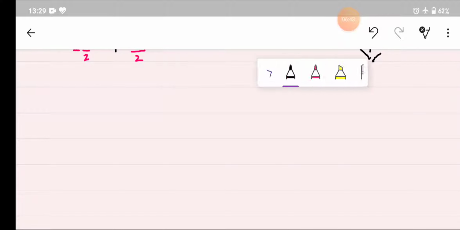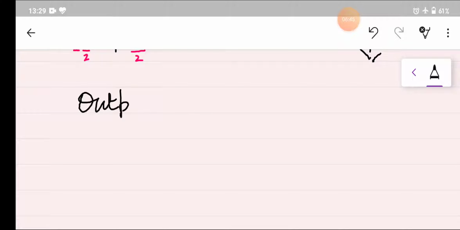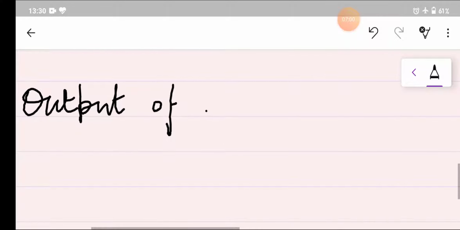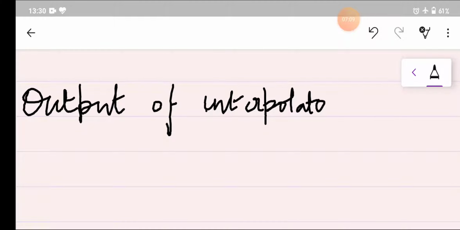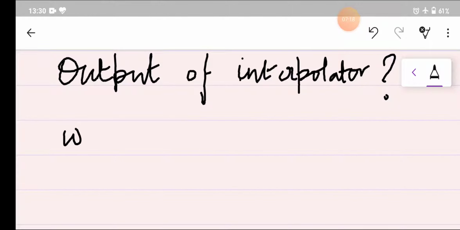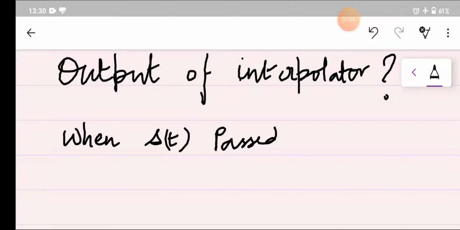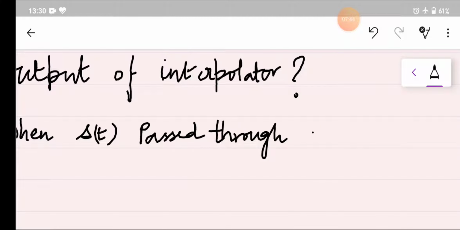We wanted to calculate the output of the interpolator, that is, what will be the output when ST is passed through HT.